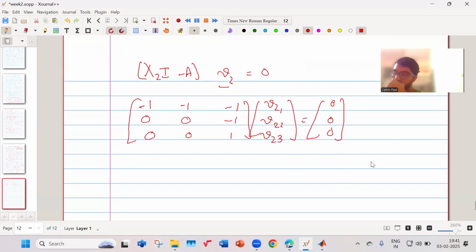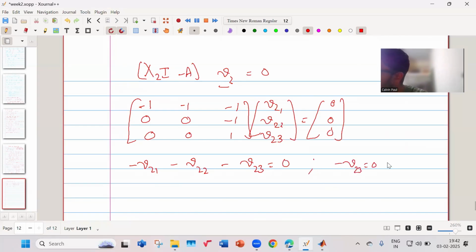So now what do we see over here? We have minus v21 minus v22 minus v23 is equal to 0, and minus v23 is equal to 0, and v23 equal to 0.